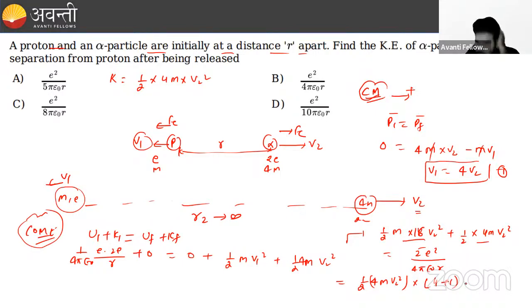This equals 2e square upon 4 pi epsilon naught r. If we solve this, the 2 and 4 cancel out, and the 4 plus 1 transfers to the other side. This is nothing but the kinetic energy of the alpha particle, which is e square upon 10 pi epsilon naught r. So in this manner, option D is the right answer.